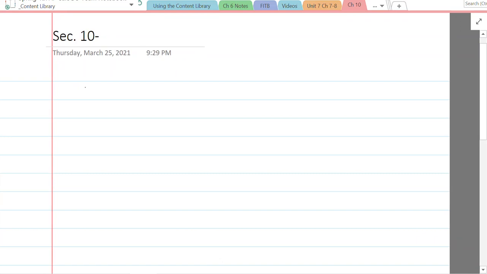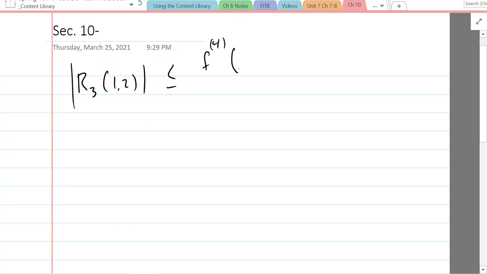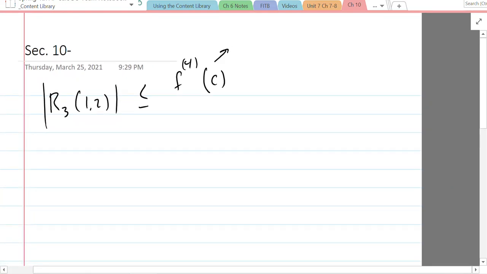So what we're looking for is, we've got our remainder, third order or degree, is less than or equal to f fourth derivative, because we got it written to 3, of C, where that's the maximum for the interval from 1 to 1.2.